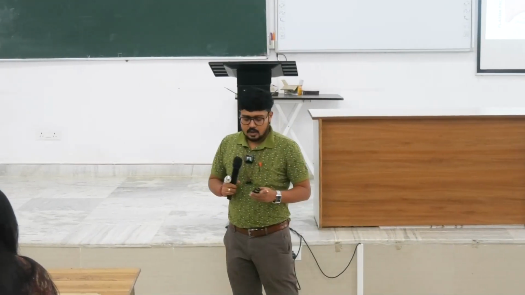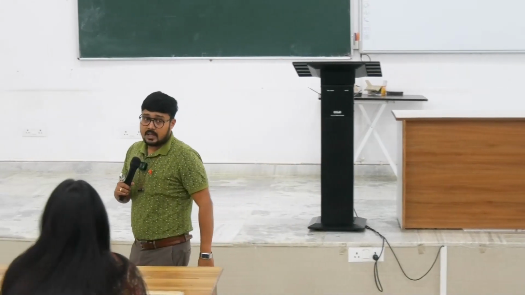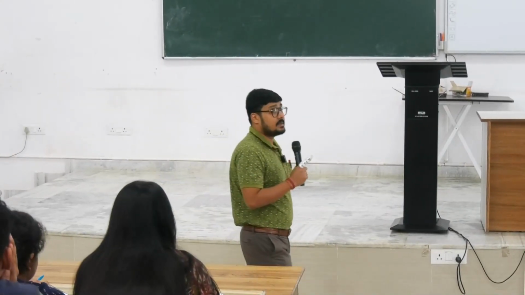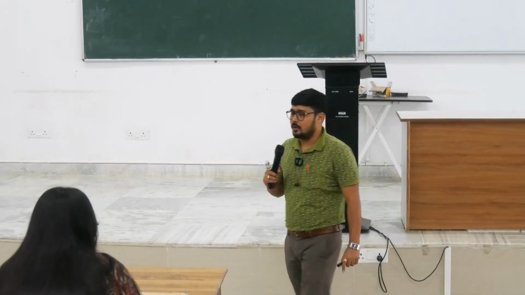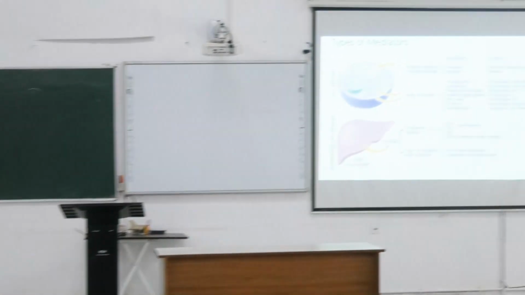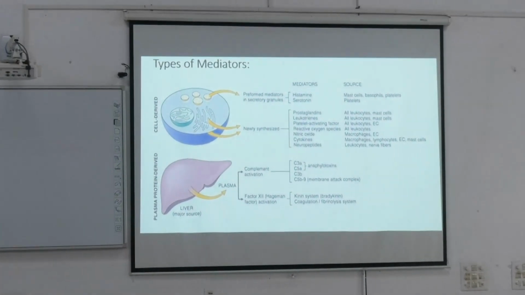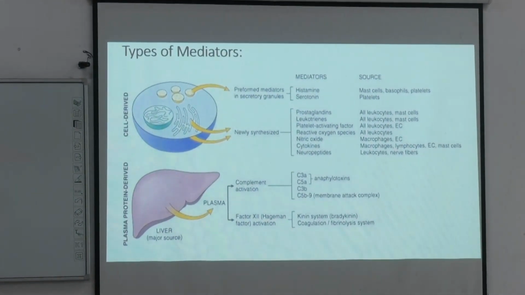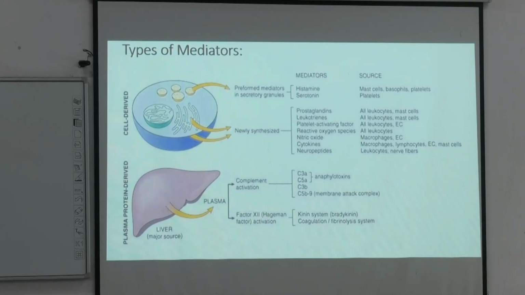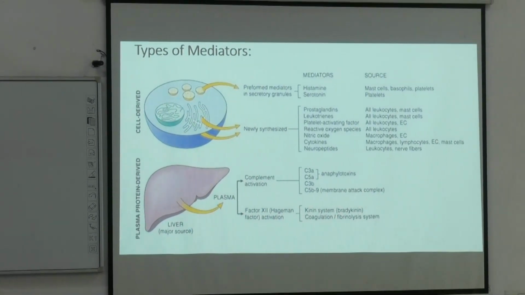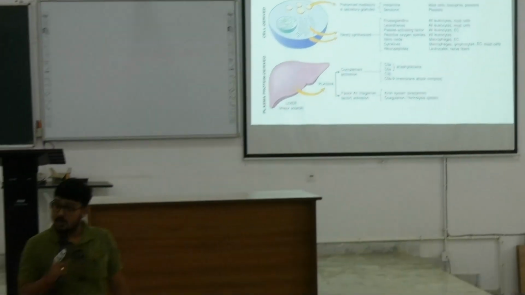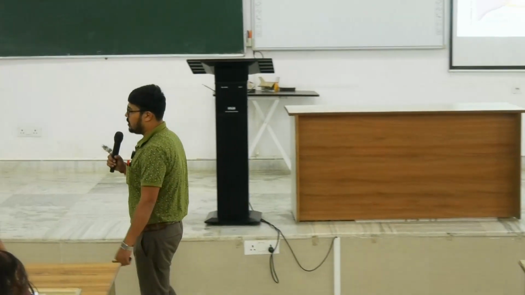Okay, so the chemical mediators of acute inflammation, or simply the mediators of acute inflammation, are broadly classified into two categories: one is cell-derived mediator, another is plasma-derived mediator. From the name, it is evident that cell-derived mediators come from the cells, the cellular component of our body that gives rise to the release of a few chemicals.